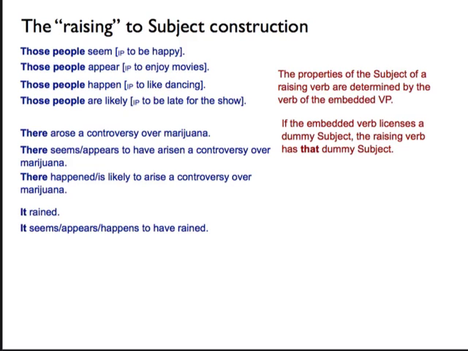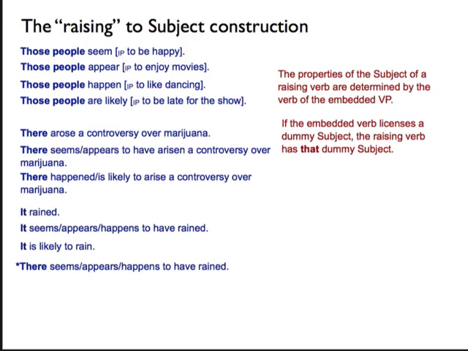No, this is the it that's licensed by rain, but it can't stay. That it cannot stay in the embedded infinitival clause. Not okay, because it's not being able to check its case feature. It needs to move up into the main clause, and it can do that. It is likely to rain and so forth.